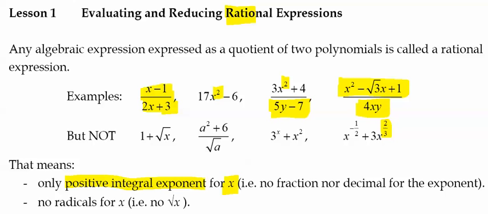You are not going to deal with a radical for your x, even though it is okay to work with a radical number in front of your x. For the x itself, it must come with a positive exponent, and it must be an integer, or it is a constant.